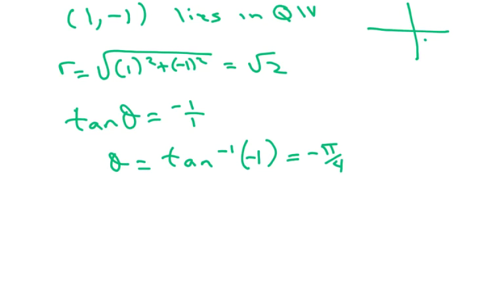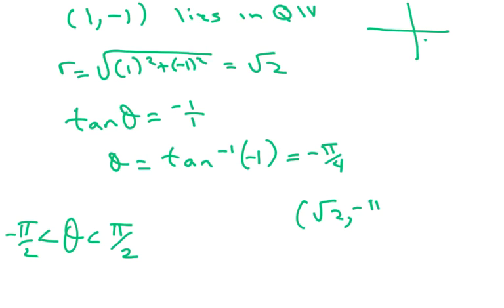Okay, because remember, our angle is restricted from negative pi over 2, can't equal it, to pi over 2. So our answer is going to be square root of 2, comma, negative pi over 4. All right.